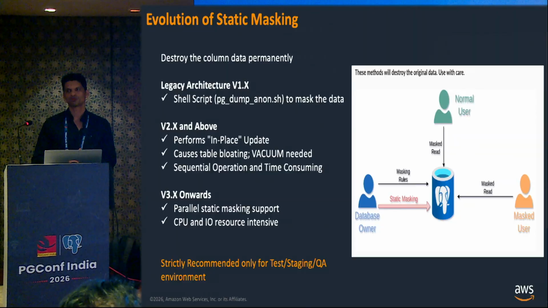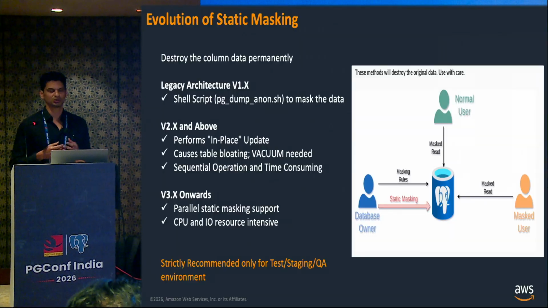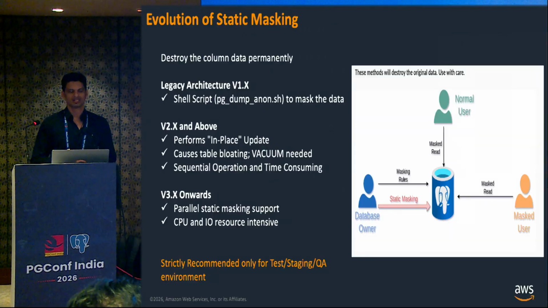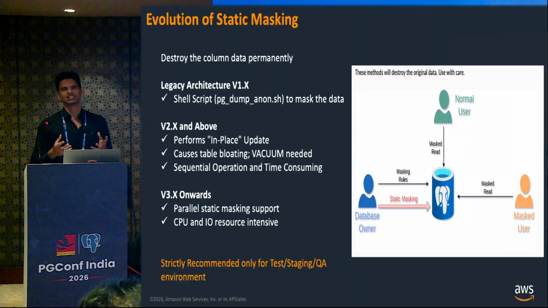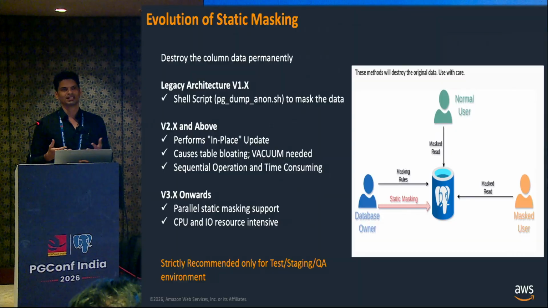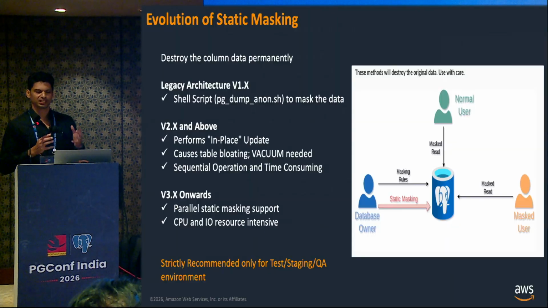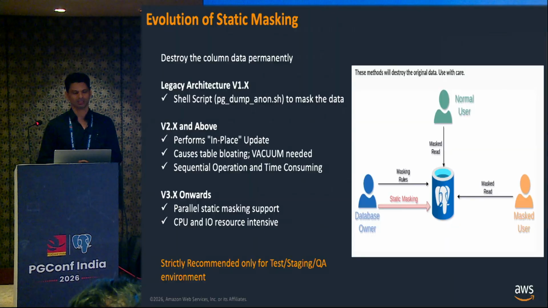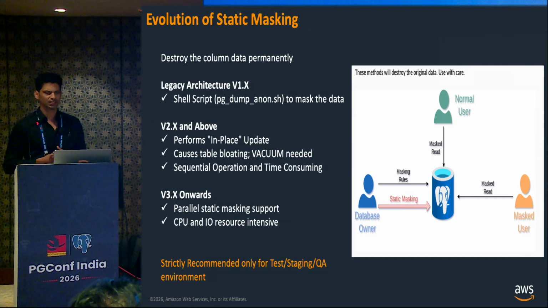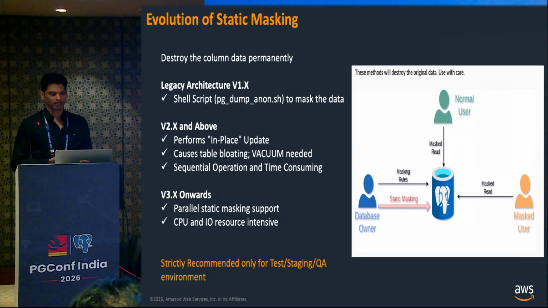In version 1, we used to use data wrappers to do the anonymization. It is very slow, it is prone to error, and it will break the code because everything is managed through the wrapper. It has lots of maintenance overhead.